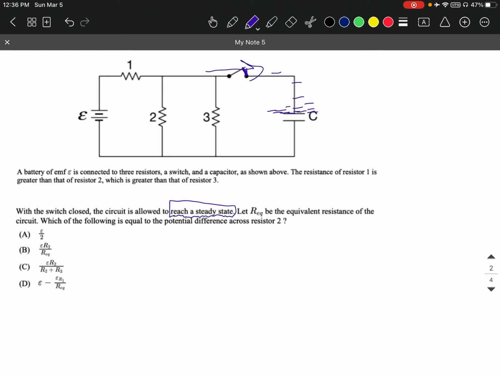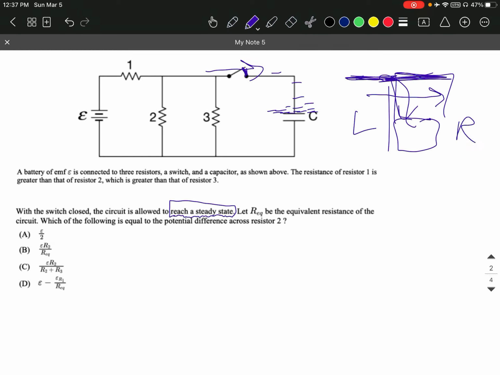You could almost think of it being like a water tank filling. At a certain point, if this tank fills, the water levels would be equivalent, and there would no longer be any motivation for the water to flow from left to right, if that makes sense. That's sort of an analogy.